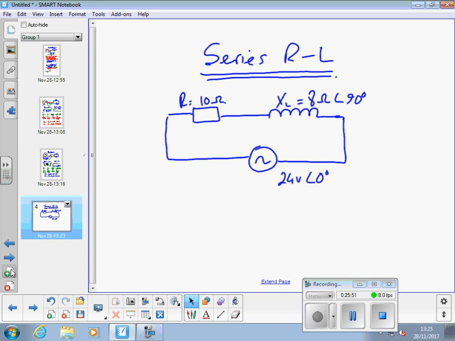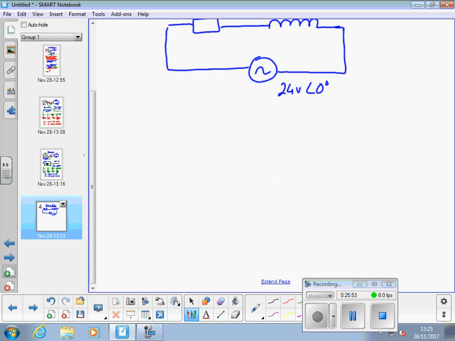So, what we need to do is start to build a phasor diagram for this circuit situation. I'll keep to the colours we used before.